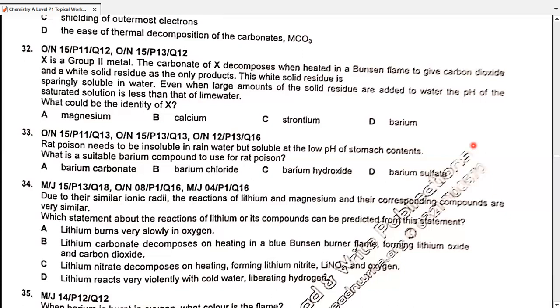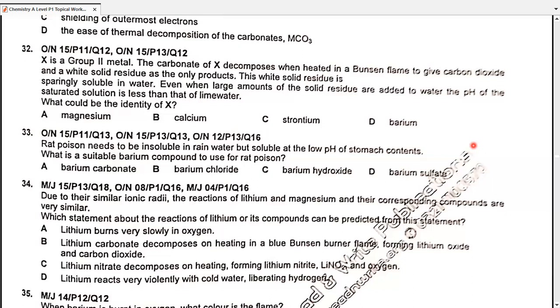Of course, for acidic stomach contents, that's hinting towards low pH. We need something alkaline, and only A and C are alkaline. If C is not the answer, A is. B and D are totally out of the question because of the low pH of stomach contents.